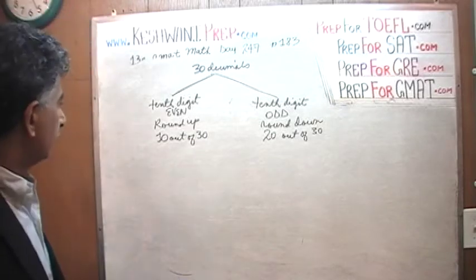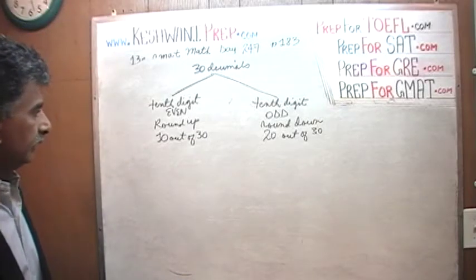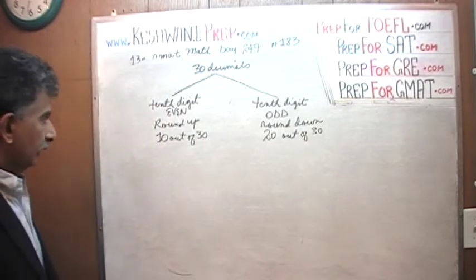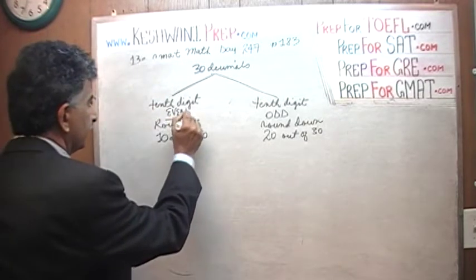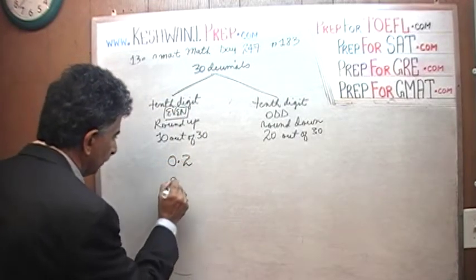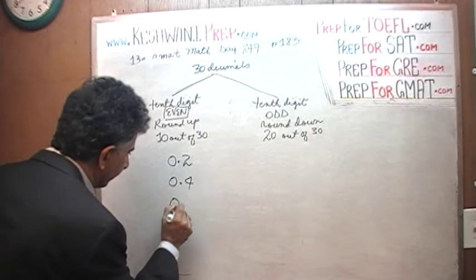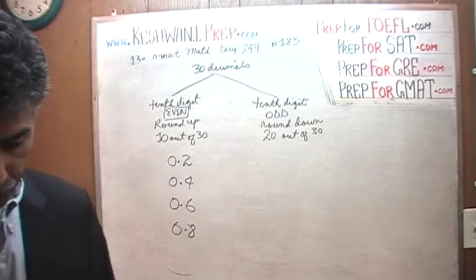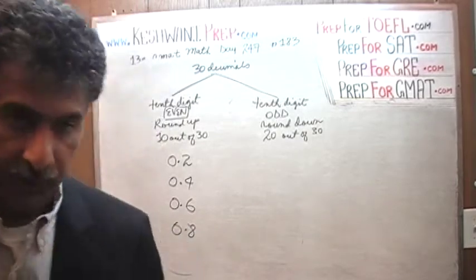Do you understand? So we have 10 out of 30 which are even, 20 out of 30 which are odd. And of course if the 10th digit is even, the possibilities are that they might end in a 0.2, 0.4, 0.6, 0.8. Now in reality, of course, they do not have to end in just 0.2.